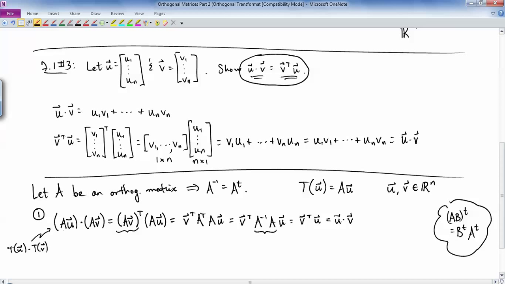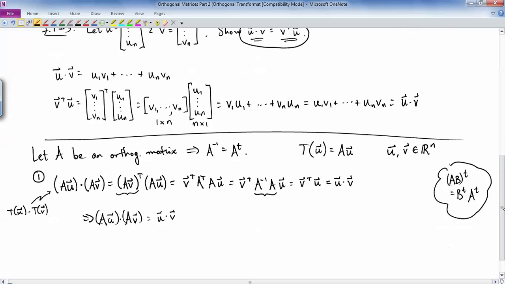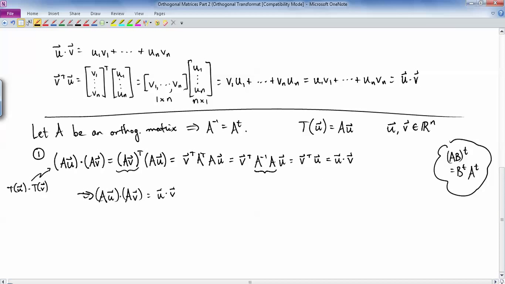So now we've got that, here, let me rewrite this, AU dot AV is really the same thing as U dot V. So the conclusion that we can make out of this is that orthogonal transformations preserve the dot product.